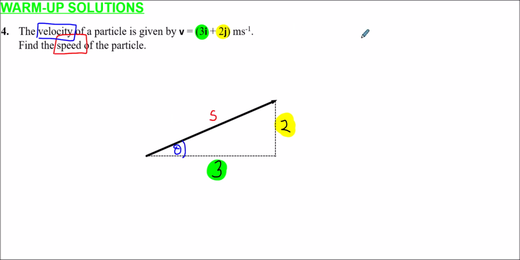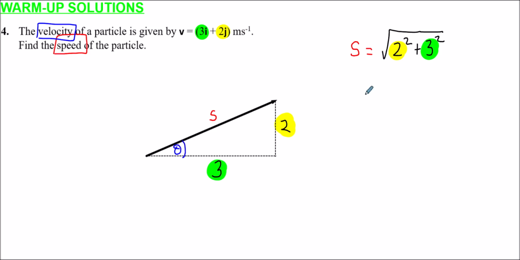So we can use Pythagoras for this. So the speed is going to be the square root of 2 squared plus 3 squared. Okay, so 2 squared plus 3 squared. Now, we could choose to leave this as an exact surd, or we could give it as a rounded fraction or decimal.